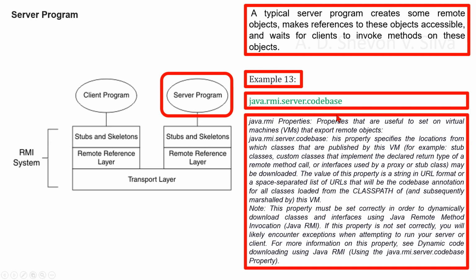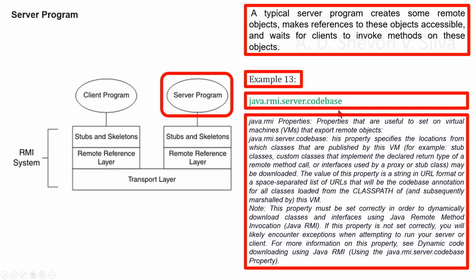Now we are considering properties that are useful to set on virtual machines, VMs, that export remote objects in java.rmi properties. The java.rmi.server.codebase property specifies the location from which classes that are published by this VM, for example stub classes, custom classes that implement the declared return type of a remote method call, or interfaces used by a proxy or stub class, may be downloaded.